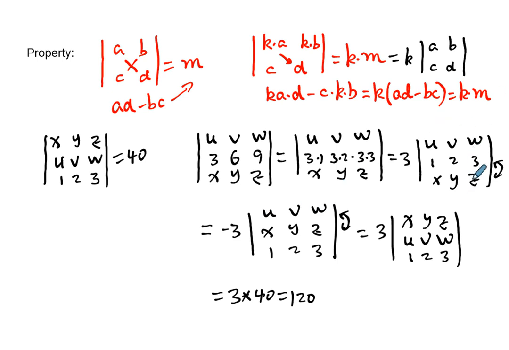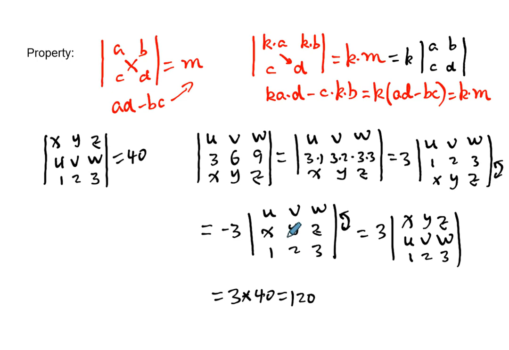When you switch row 2 and row 3, exchanging those two rows, positive 3 goes to negative 3. So that's how you have X, Y, Z here on the second, and 1, 2, 3 goes down to the third, because we know the third one is the constant.